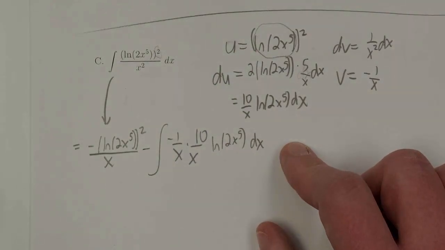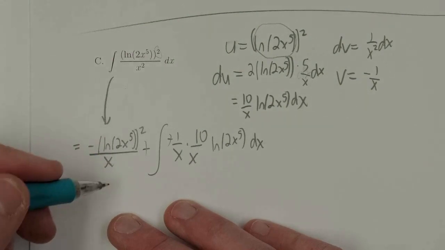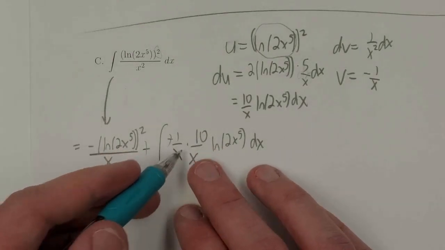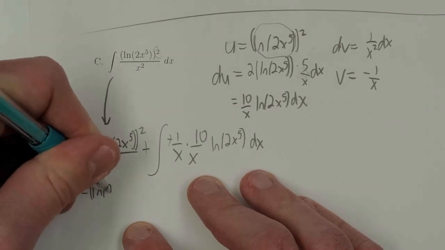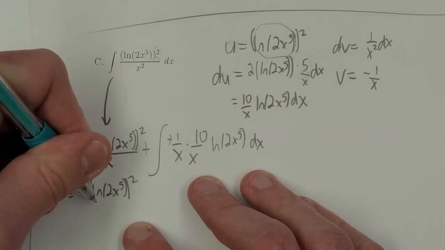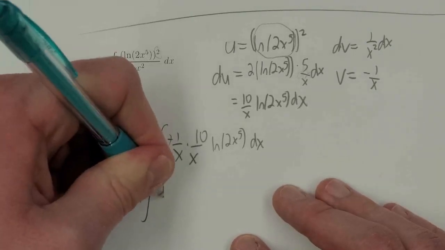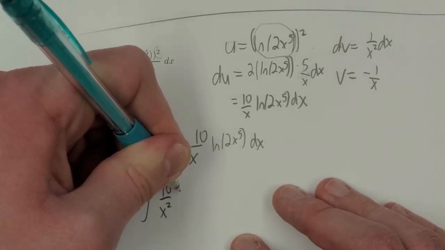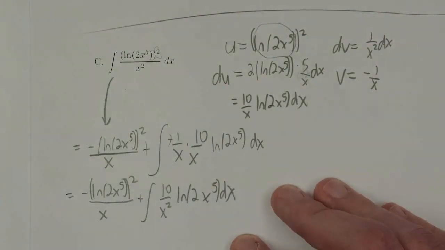Okay? So clean this up a bit, well, these negatives cancel each other out. This can be compressed into 10 over x squared. So we have negative natural log of 2x to the 5th, quantity squared, over x, plus the antiderivative of 10 over x squared times natural log of 2x to the 5th dx.